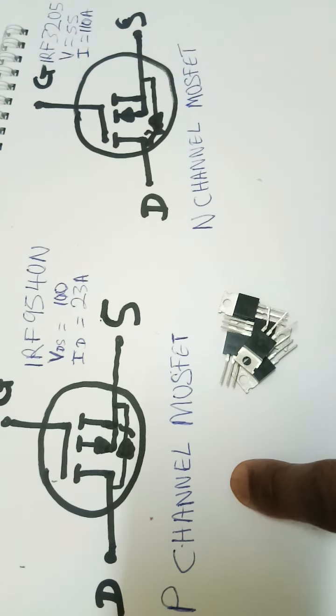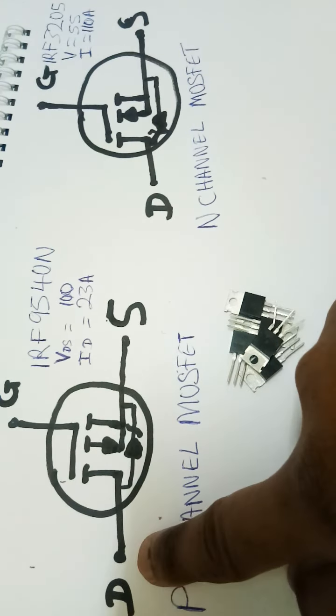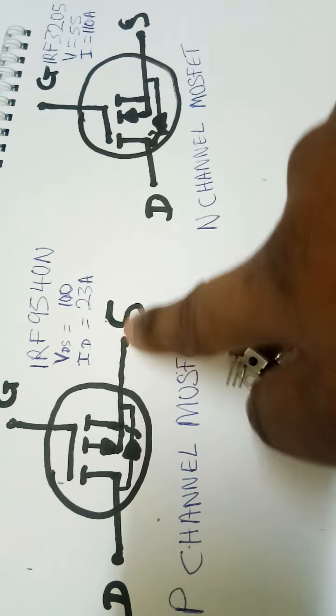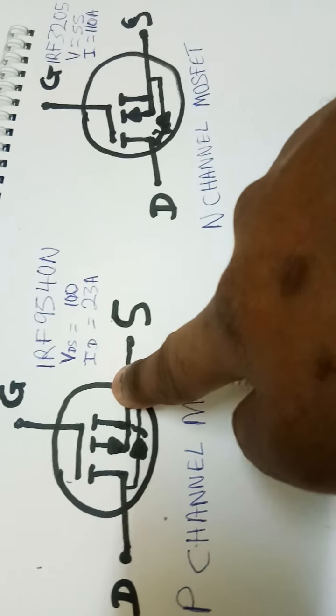From the diagram, you can identify a P channel and an N channel MOSFET. As you can see, this is the drain, this is the source, this is the gate.